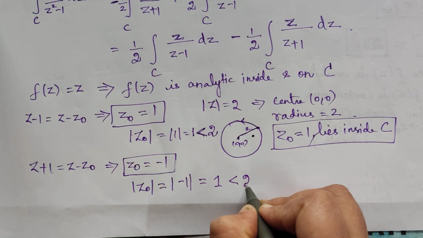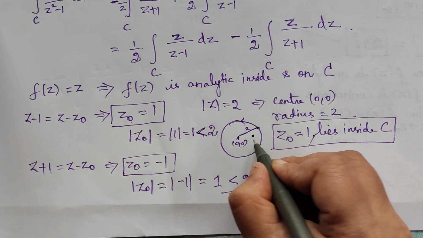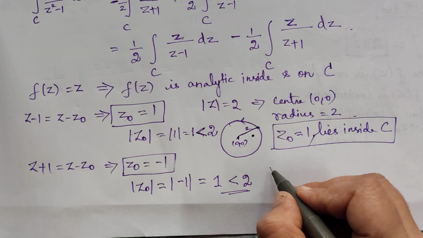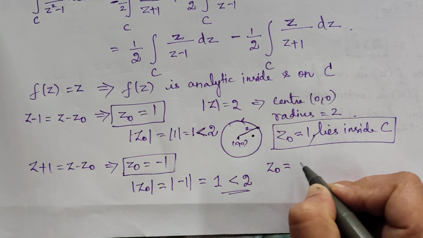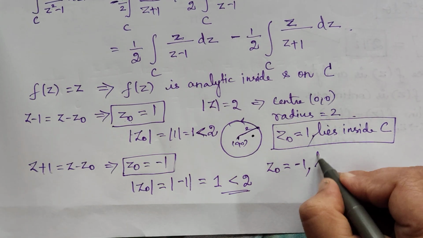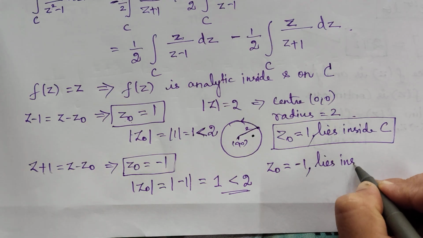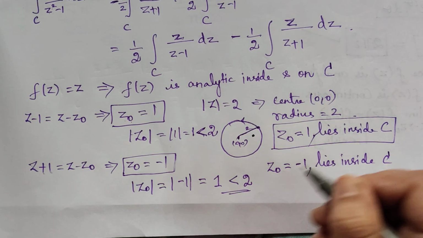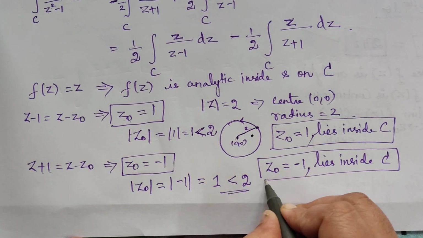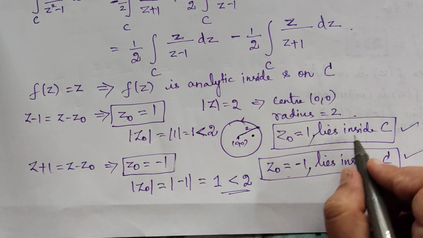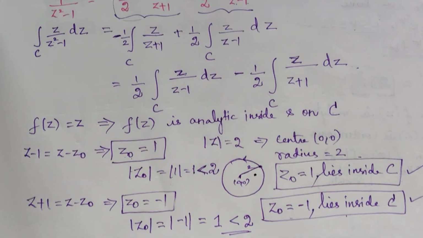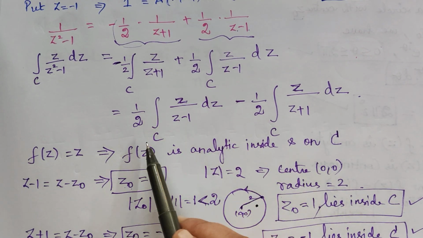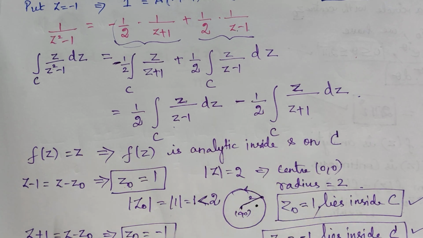Again this is lesser than 2, so it lies inside the circle. Therefore z naught equal to minus 1 lies inside C. So in both the cases z naught lies inside C, and therefore we can apply the Cauchy integral formula for both the integrals.